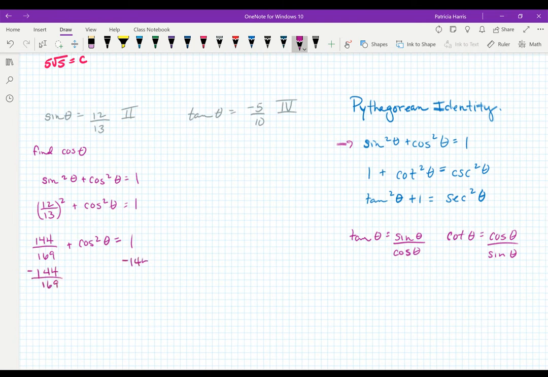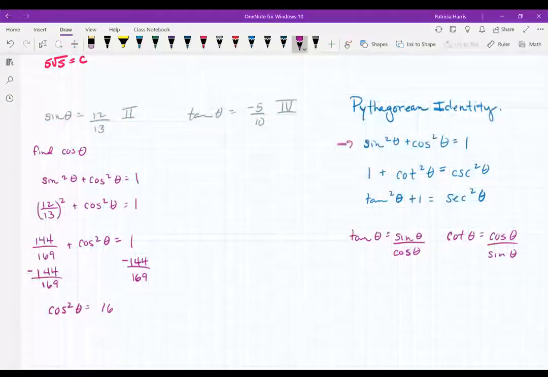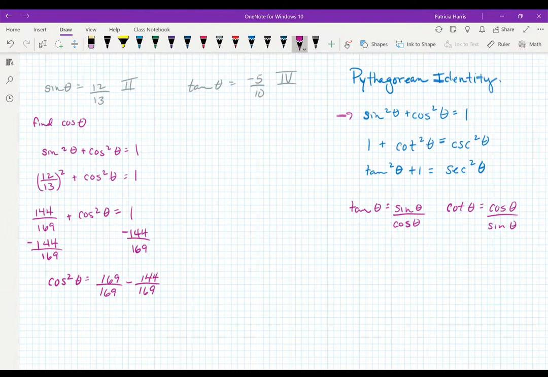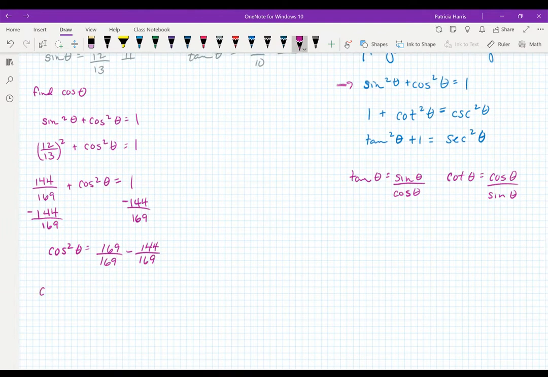Now, if you're not so confident with fractions, this is going to get really scary really fast. But if you're okay with fractions, then it shouldn't bother you too much.